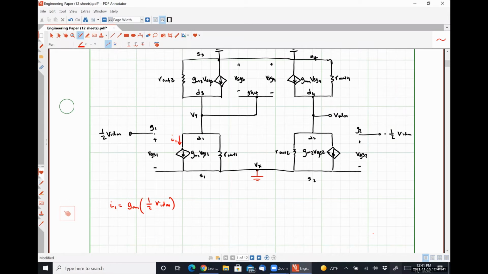On the right-hand side, we can easily see that VGS2 is -1/2 VIDM, which means that this guy is carrying a current down of -GM2 1/2 VIDM, or a current up I2 is equal to GM2 times 1/2 VIDM.